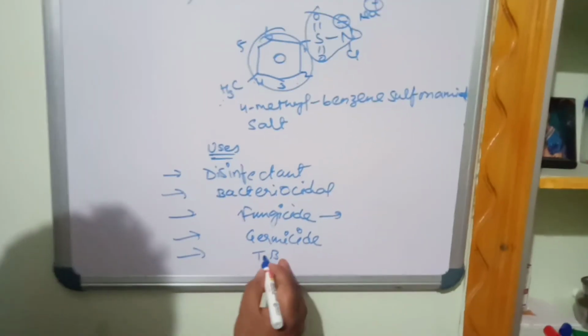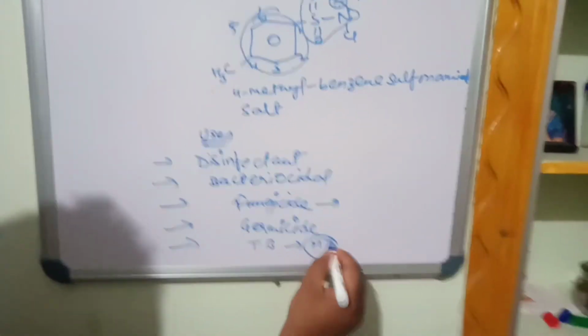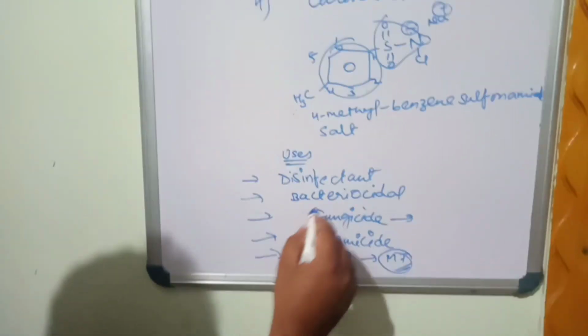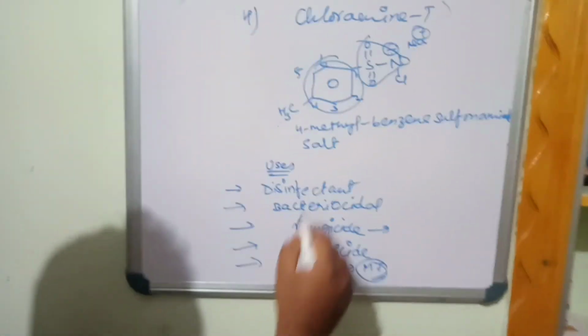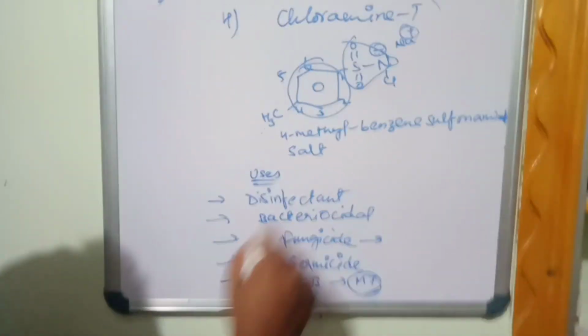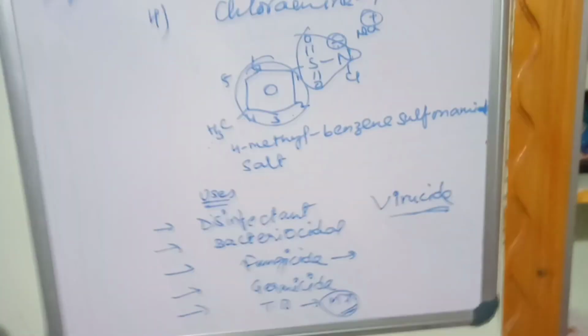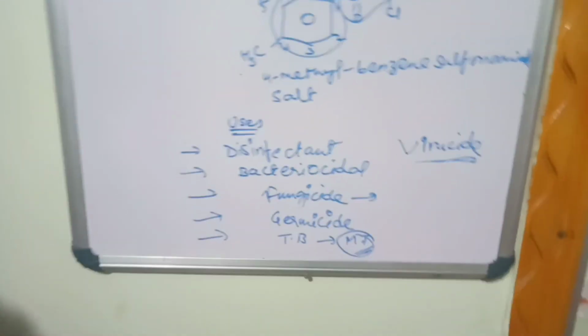So they are used in the TB by killing the Mycobacterium tuberculosis. This is a microorganism. So they are used as a bactericidal, or fungicide, or germicide, or they are also used as a viricide. They stop the growth of virus. So these are the various uses of chloramine T.